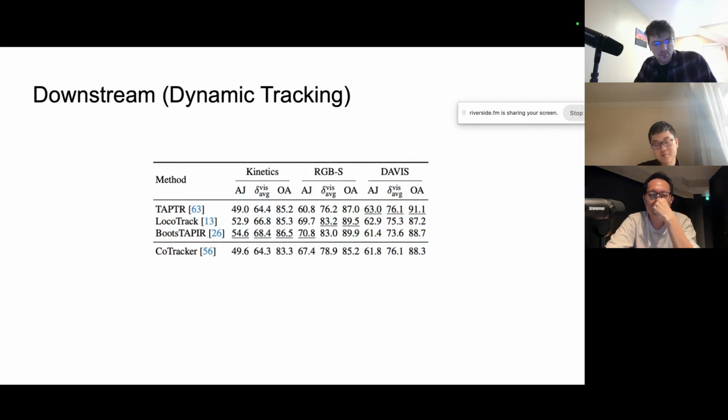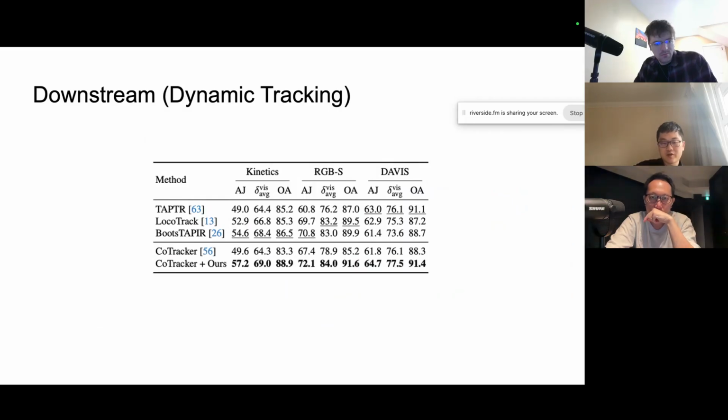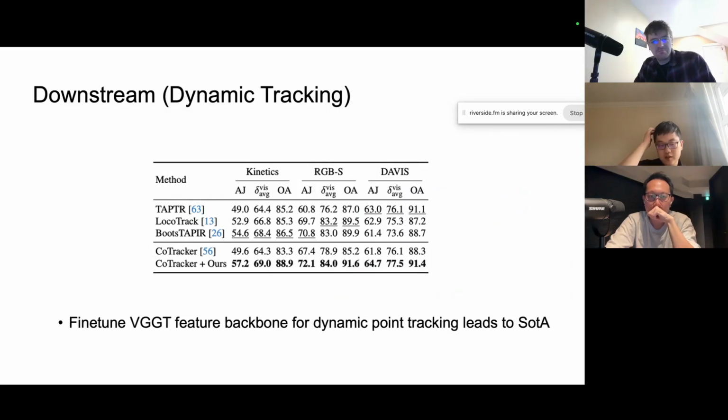And here we have some numbers, but basically it means if we fine-tune our feature backbone with other tracking models, we can bring CoTracker, which is also our previous work and had not-so-good results in the recent benchmarks, back to state of the art again, with a number like 88.9.